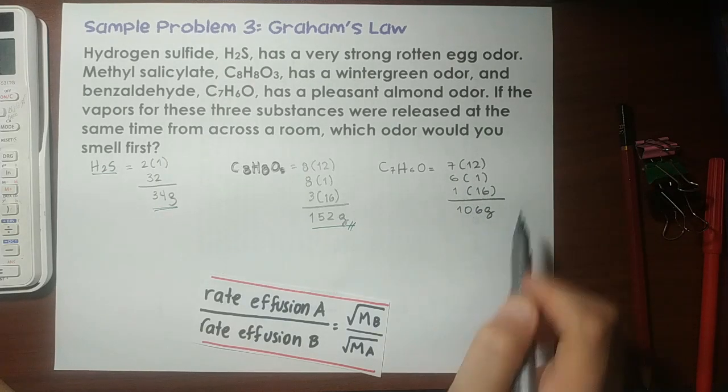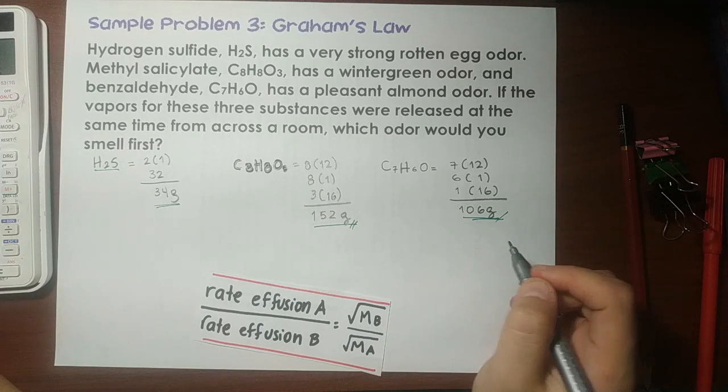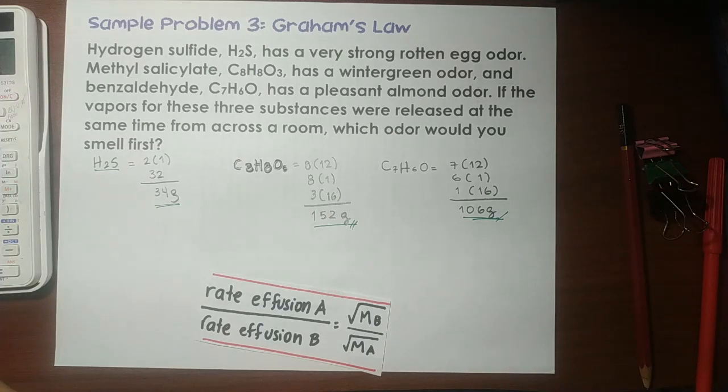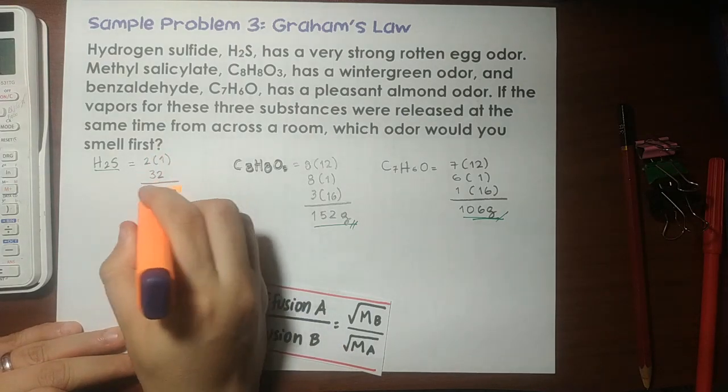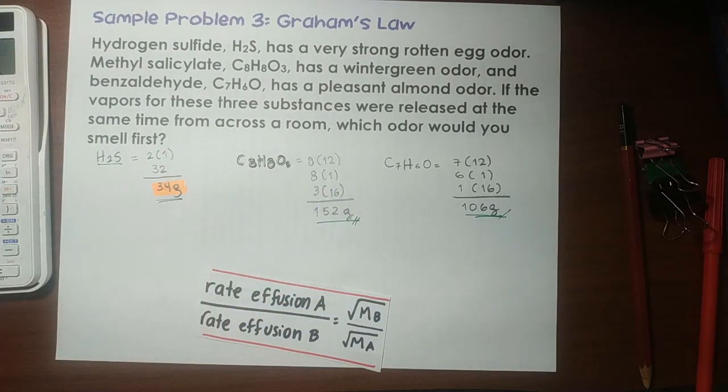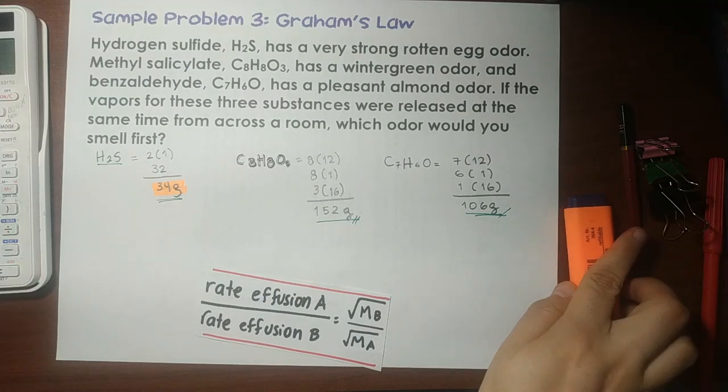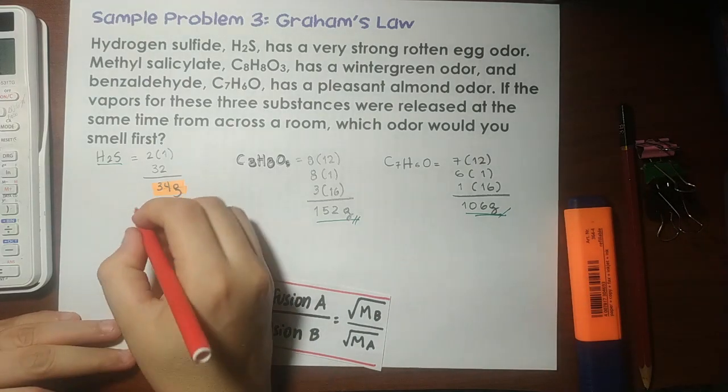You add them all and you have 106 grams. So, just by taking a look at the masses, I notice that hydrogen sulfide has the least mass. That means that hydrogen sulfide is going to be the fastest.